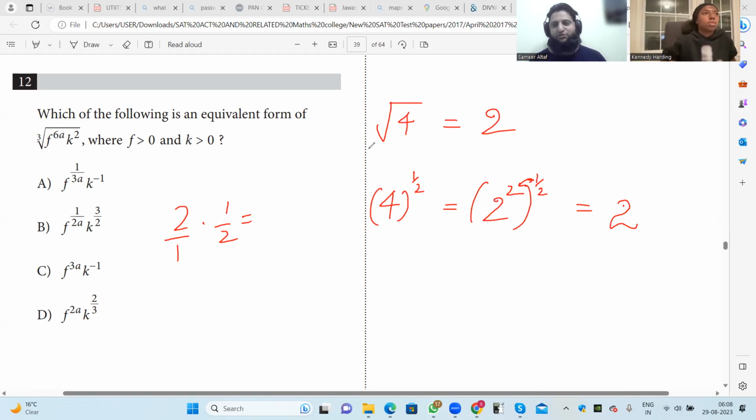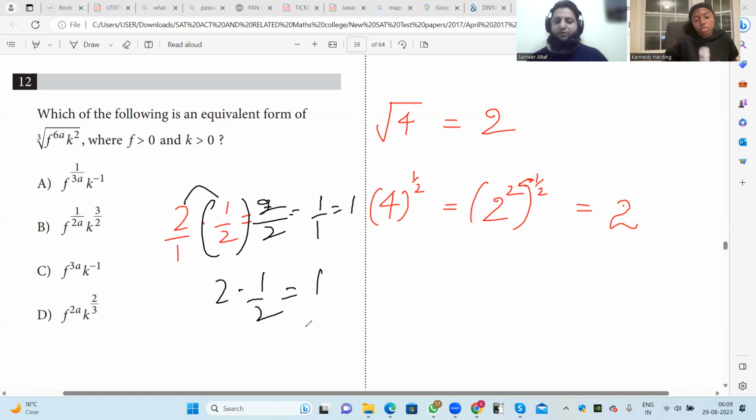You have two 50 cents, that's $1, right? Yes, because you're multiplying 2 with 1/2. You can multiply numerator with numerator and denominator with denominator. You get 2 divided by 2, that's 1 divided by 1, that's 1. So 2 times 1/2 will be 1.